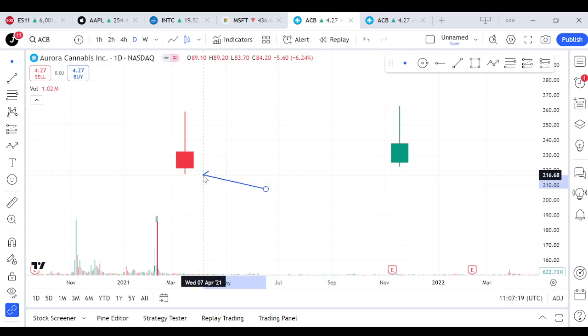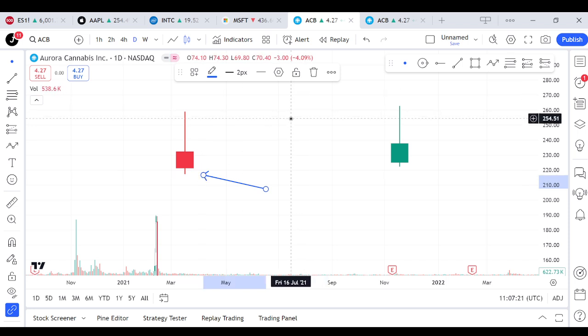It is used for continuations. So the inverted hammer can be either bullish or bearish depending on the context and subsequent price action. In a bullish scenario, it may signal a potential reversal of the downtrend. However, when it appears in a strong downtrend and is followed by a bearish confirmation, it can indicate a continuation of the bearish momentum.